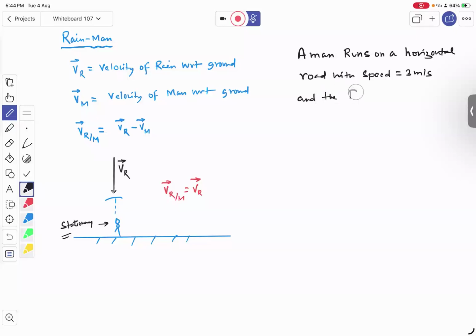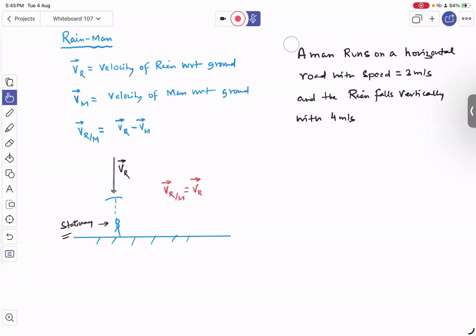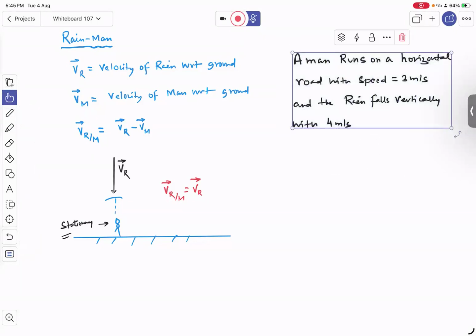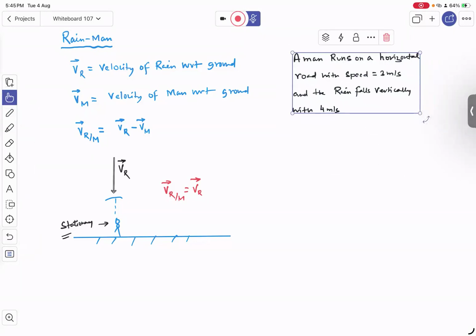And the rain falls vertically with 4 meters per second. And I have to figure out how he should be holding the umbrella to save himself from the rain.